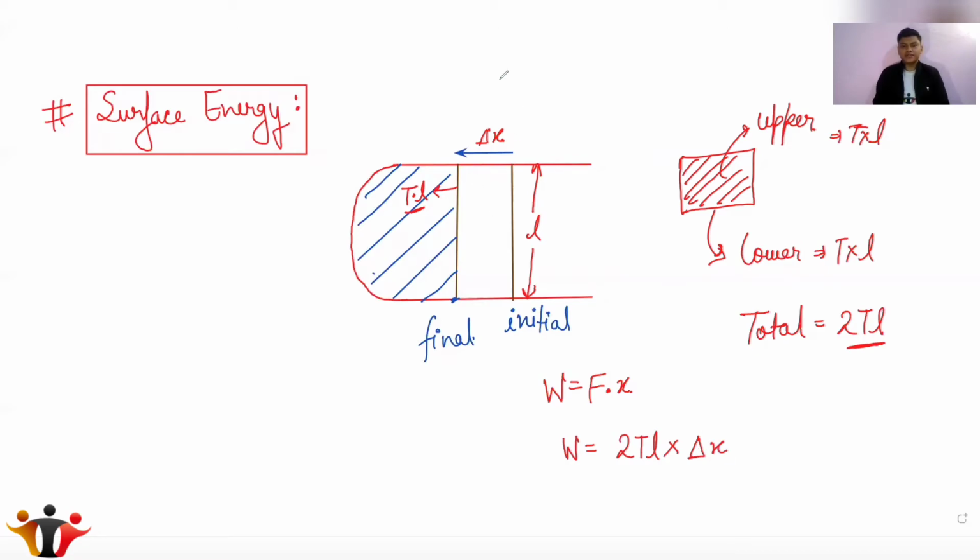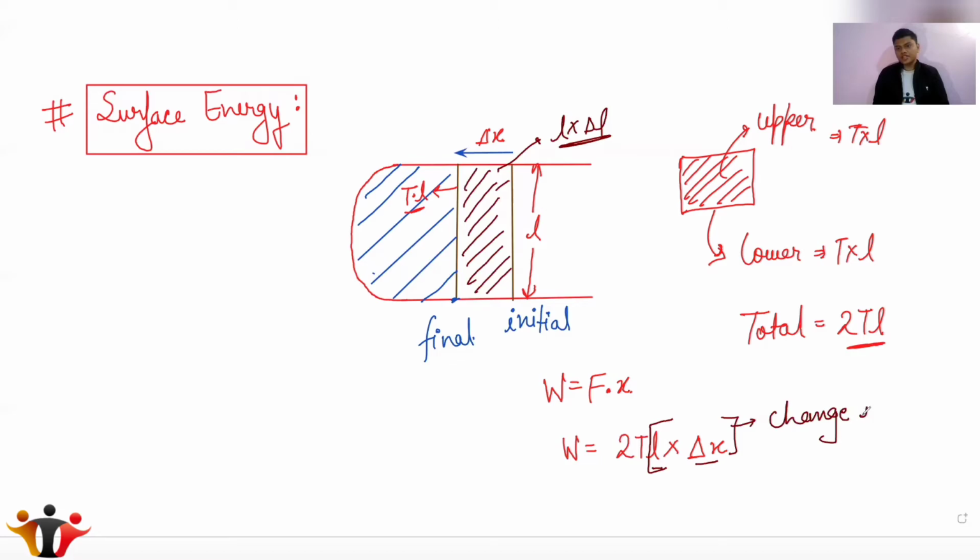This much area is changed, and this area is nothing but L into delta X. This is delta A, the change in area.